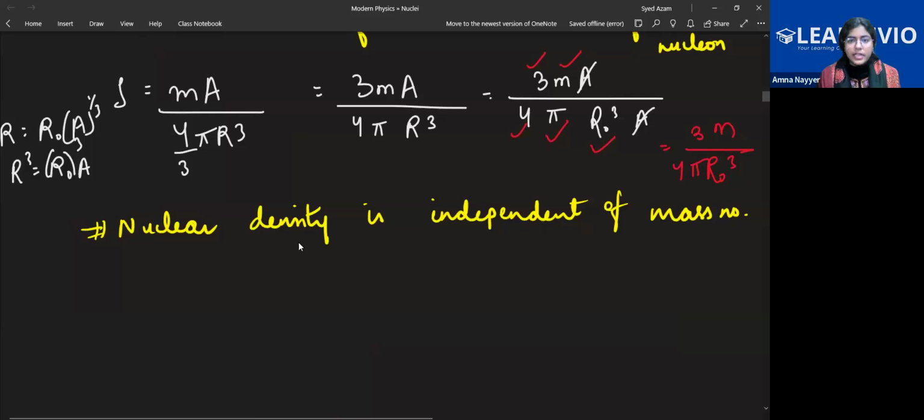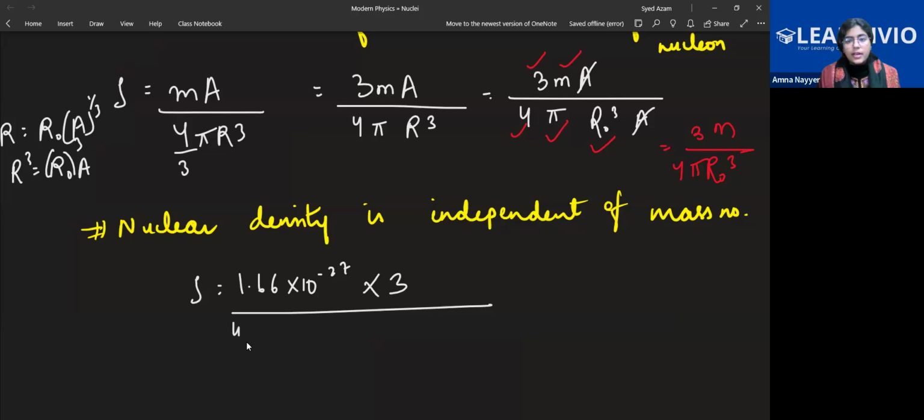Now when you put in the value, the mass is 1.66 into 10 to the power minus 27. And A has already been cancelled, so 3 divided by 4 into 3.14 into 1.2 into 10 to the power minus 15 whole cube.